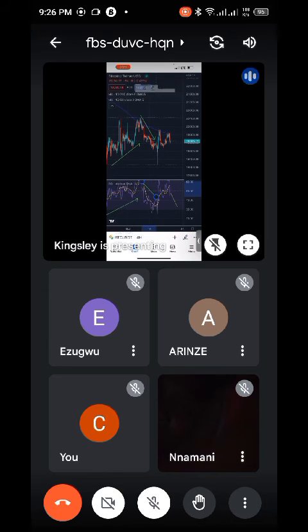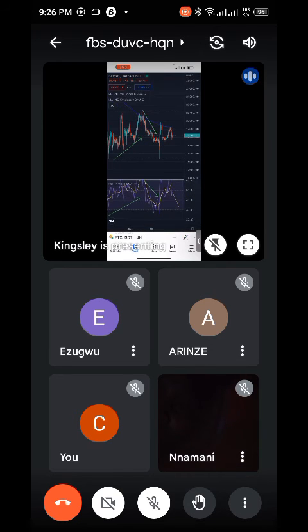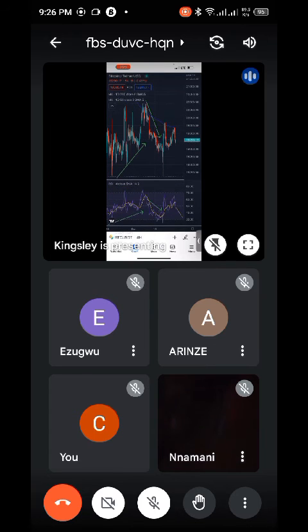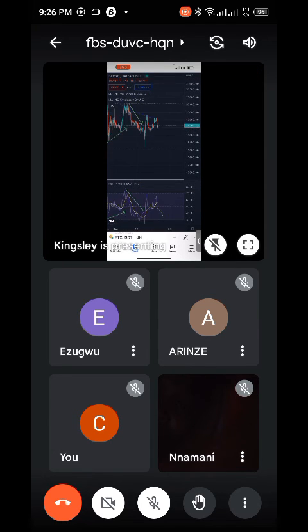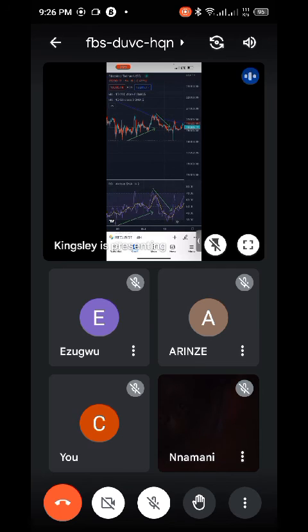RSI started coming down. Now, the divergence occurs when they don't agree with each other, when one is going up and the other one is coming down. Instead, what you have seen happens in the chart is that if one is going up, the other one is going up too.